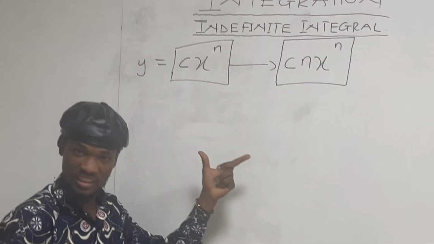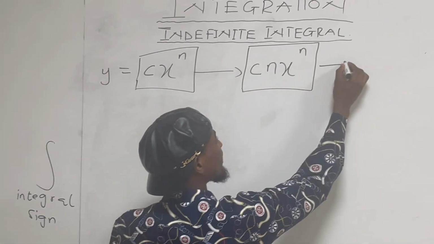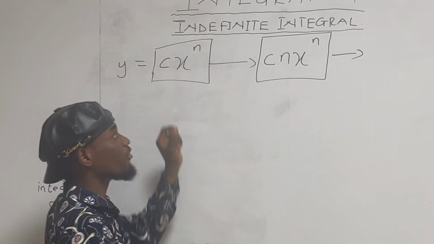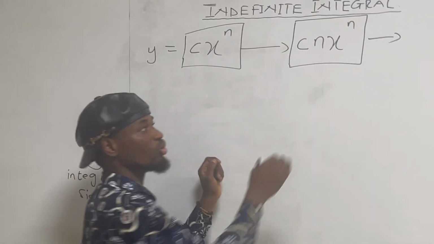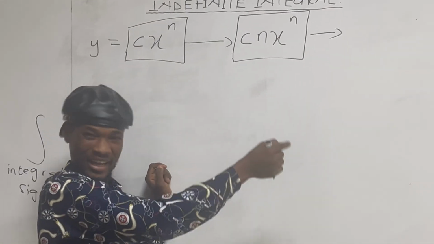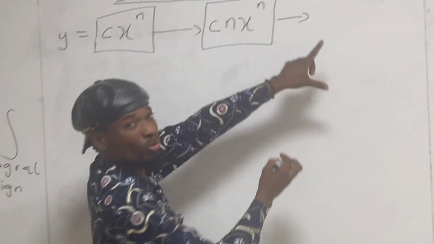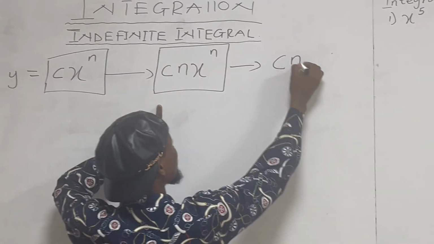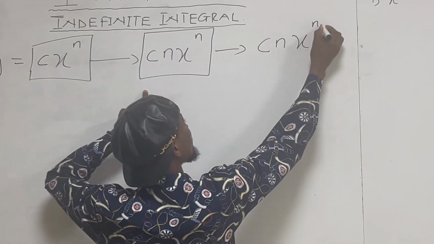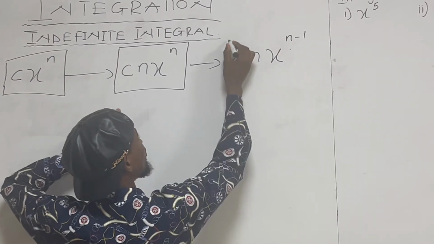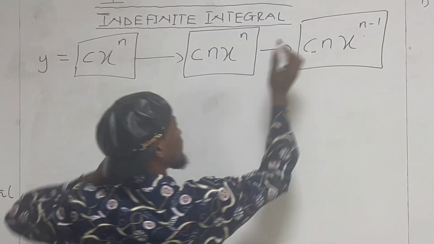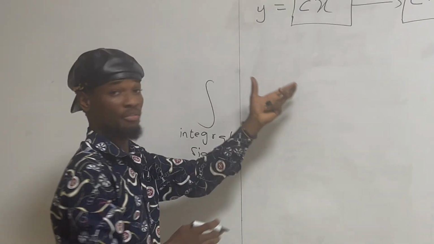And the last step for differentiation is you subtract 1 from the exponent. So I'll just repeat this over here: I have cn, then x to the power n minus 1. This is all about differentiation.